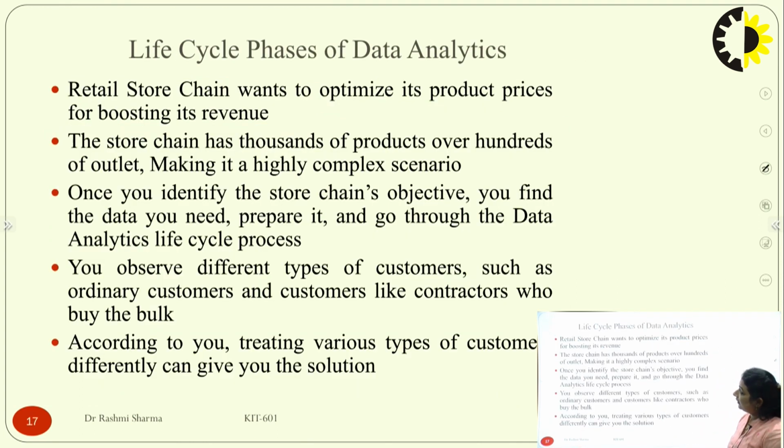So for the key life cycle phases, taking an example: we have a chain of retail stores and we want to optimize the product prices for boosting revenue. We want an increase in sales, so we have to optimize the product price so that more and more people come and buy our products.